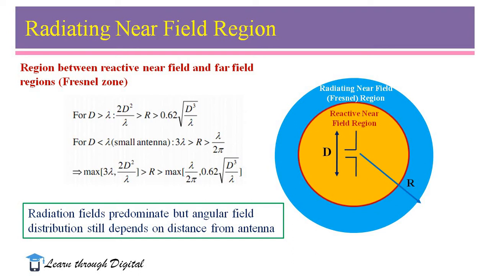For a small antenna, that means when D is less than 1 wavelength, the region exists between 3 lambda to lambda by 2 pi. This boundary is based on the criterion of maximum phase error of pi by 8.